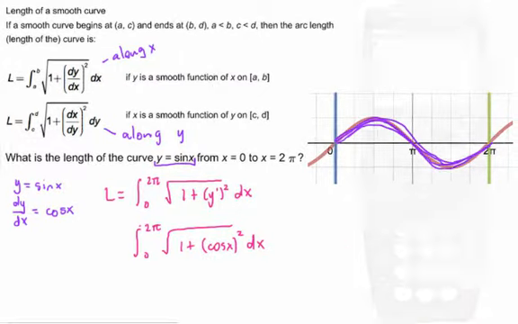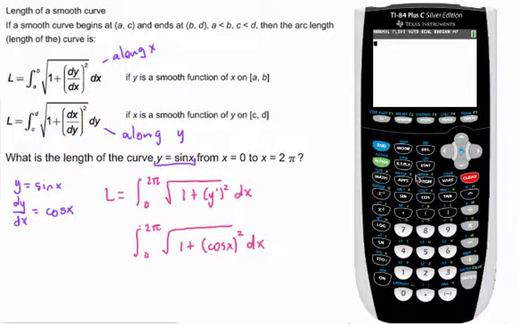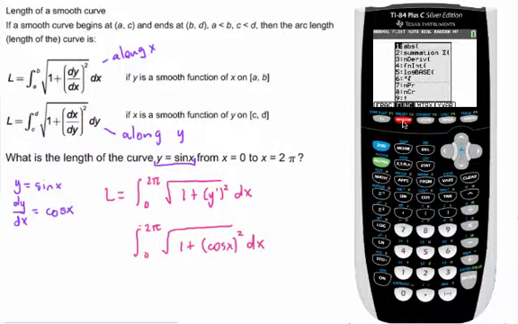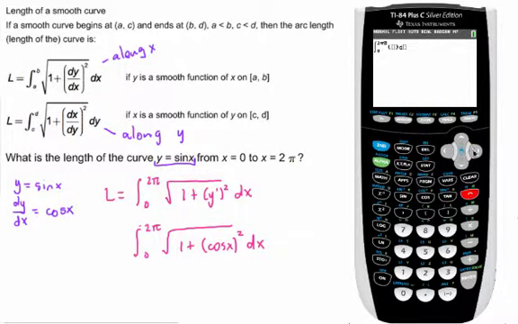Hopefully we'll match. All right, so if we're going to solve this on our calculator, if you've got the TI-84, you're going to hit the alpha window button, and it's going to take you right to all these choices. One of those choices is choice 4, and we're going to go from 0 to 2 pi. Then we're just going to put in that big radical, so 1 plus the cosine squared.